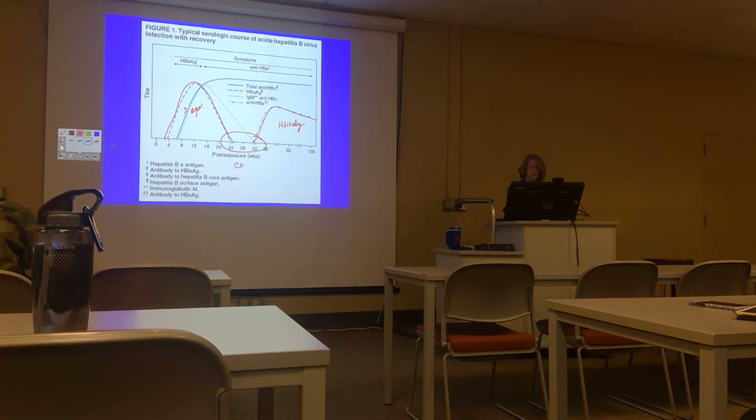The core window refers to when the antigen went bye-bye and the antibody hasn't arrived on the scene. The core window says the only thing that you can measure that says that this person serologically has hepatitis B is the core antibodies. And that's this little dotted line here. That's your core antibody. That's the core window.